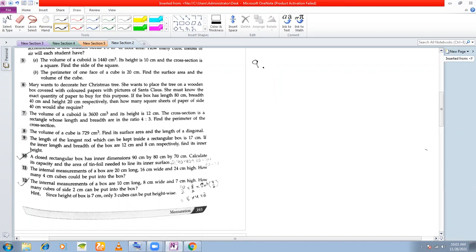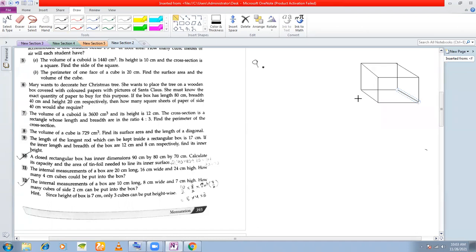Okay, let us draw the box first. This is a cuboidal box. The length of the longest rod that can be kept in the rectangular box is 17 centimeter.